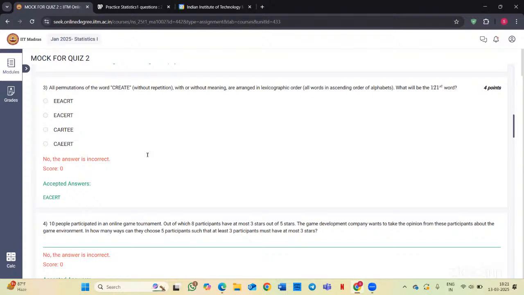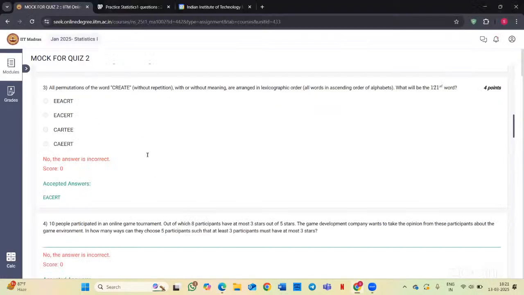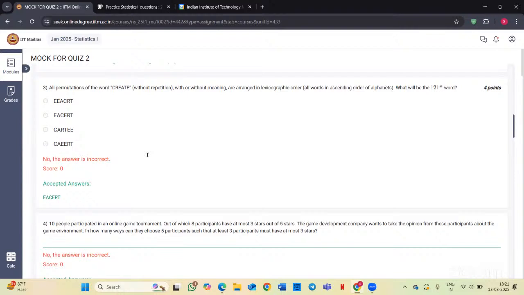Where is at least written? I'm asking about that. Ma'am, can I explain? Just a second, give me 1 minute. Those 5 participants have at least 3 participants must have at most 3 stars: 3, 4, 5.